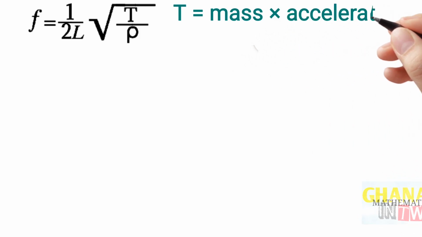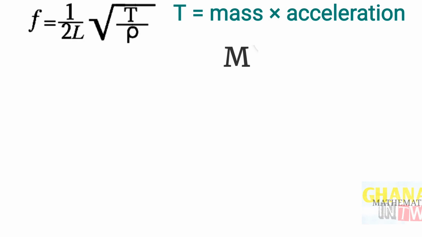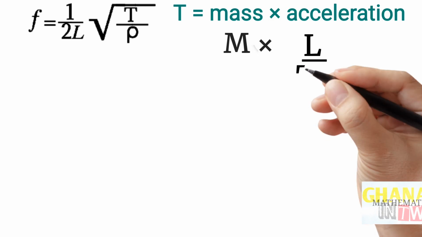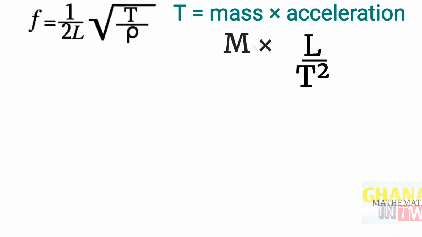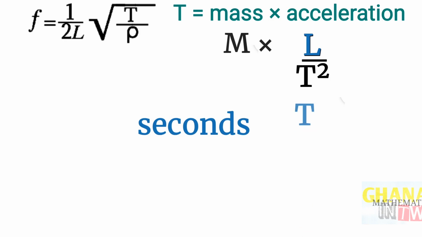Now, force equals mass times acceleration. Don't forget that T, tension, is a force, and mass has the dimension M. Acceleration is meters per second square. L is length, which is the same as meters, and T is time, which is the same as second.